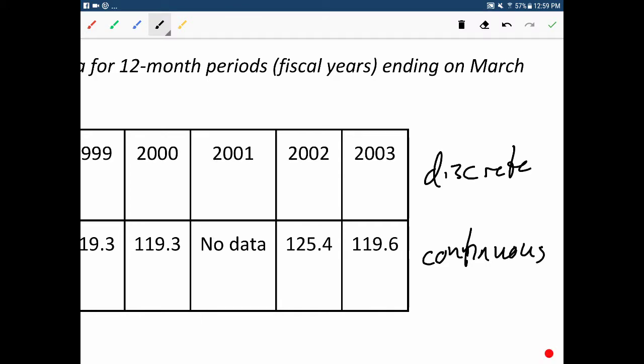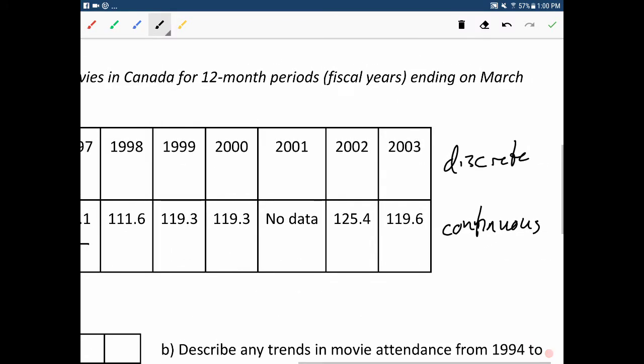If you have a discrete variable, it means that you have set amounts that you have to choose from. So there's no such thing as 1995.2, okay? I mean, you can sort of make up what that means, but it doesn't really mean that. It's either 1995 or it's 1996. The attendance, on the other hand, is continuous here the way we've written it because it's got these decimals, okay?